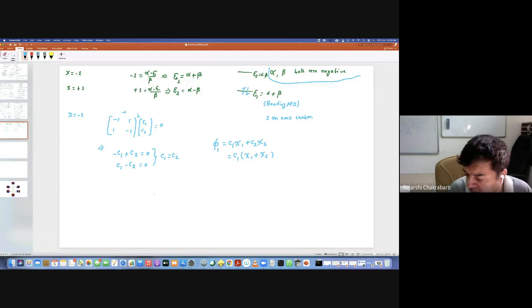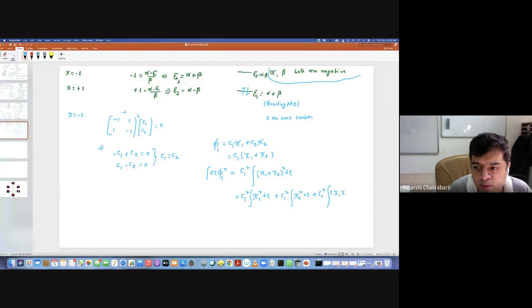How do I find C1? You know. I just normalize this to 1. Now this gives you C1 squared times the integral of chi 1 plus chi 2 whole square d tau. And this gives you C1 squared integral chi 1 squared d tau plus C1 squared integral chi 2 squared d tau plus C1 squared 2 chi 1 chi 2 d tau.